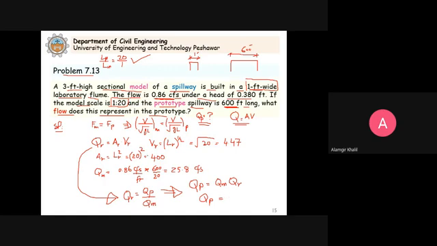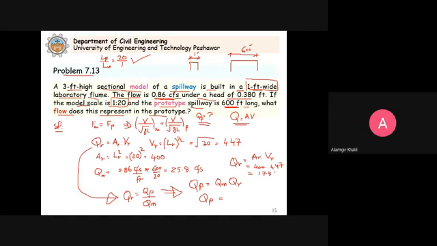So now from here, what is QR? AR into VR. What is AR? 400. What is VR? 4.47. So this QR is equal to AR into VR, 400 times 4.47. So now this QR comes out to be 1788.